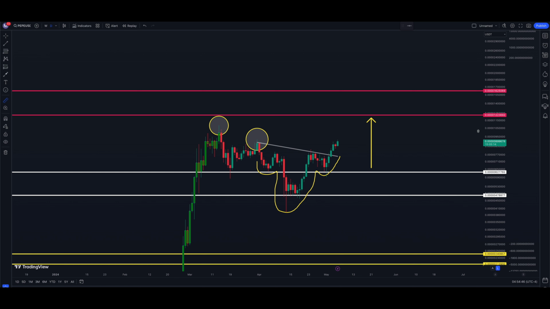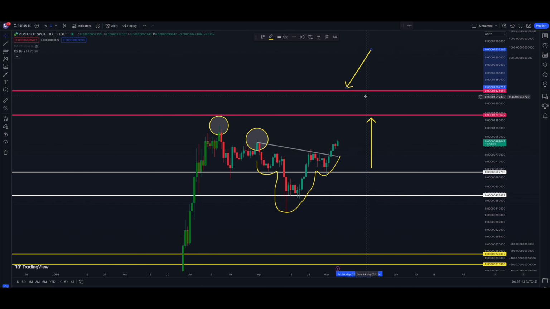From where we're currently trading, you're looking at about an 80% move higher in price to get up to my second level up there, which is right here, guys. 162.5069. Target number 2.